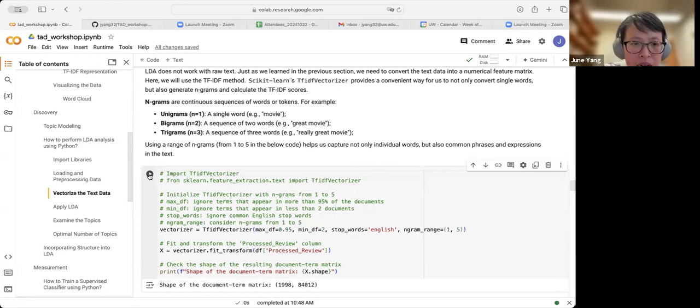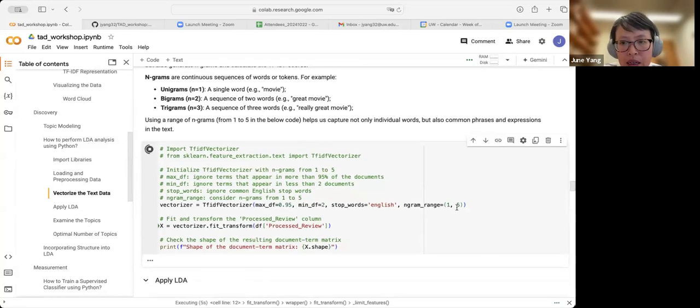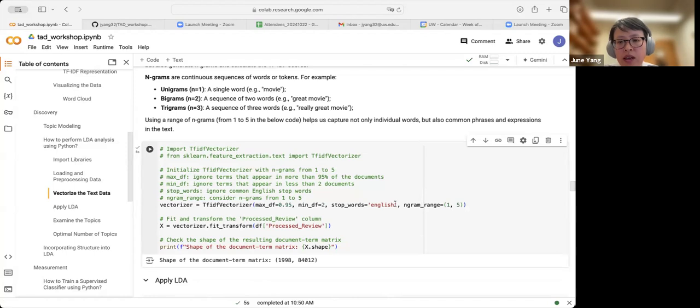So here, I'm still using the TF-IDF vectorizer to construct this document term matrix, but instead of building it only using unigrams, I'm giving it a range: I want my phrases to range from 1 to 5 words, so that I might have a maximum of 5 words composing a term.